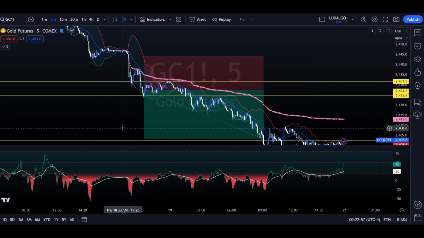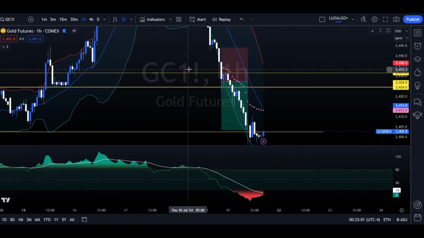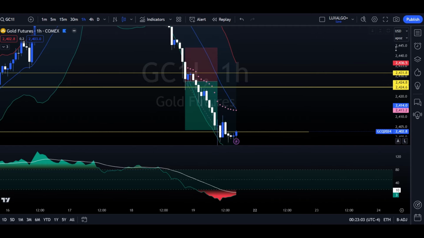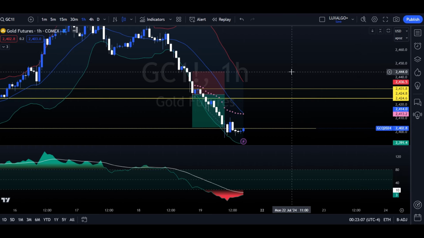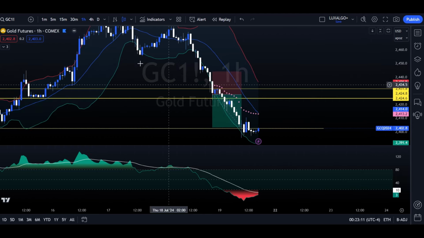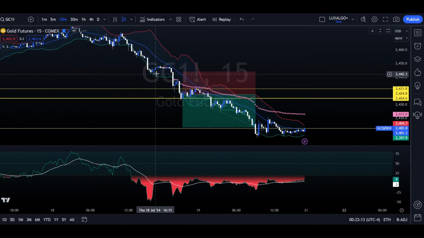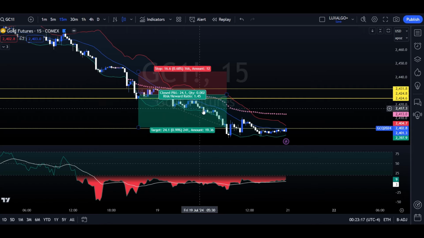So since we now know a little bit about the indicators, let's talk about how to use them all together. In this example, the price was in a downtrend, trading below the VWAP and touching the lower Bollinger Band.